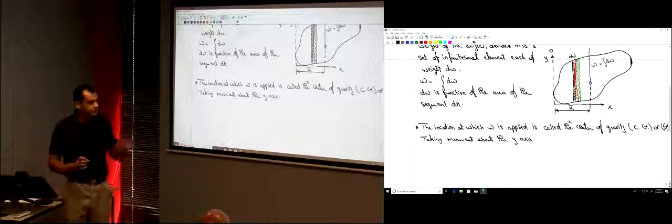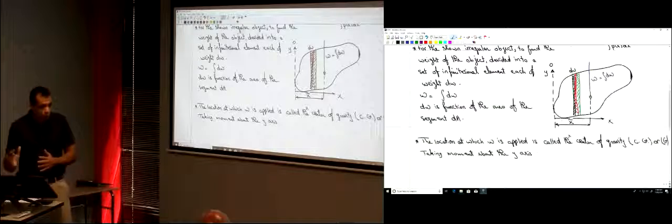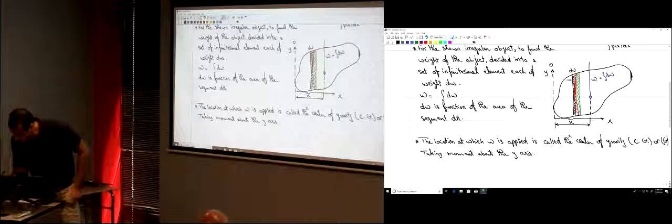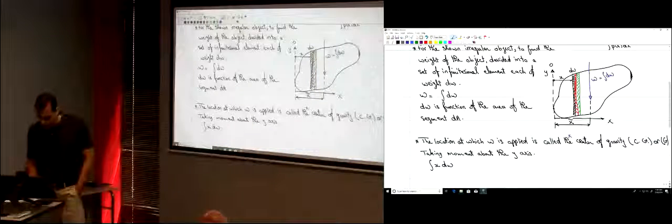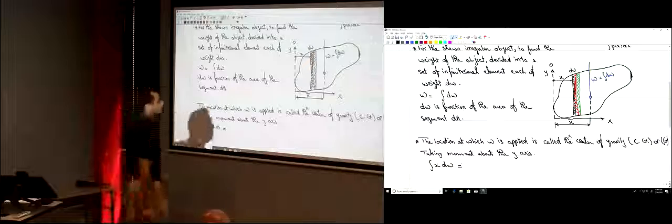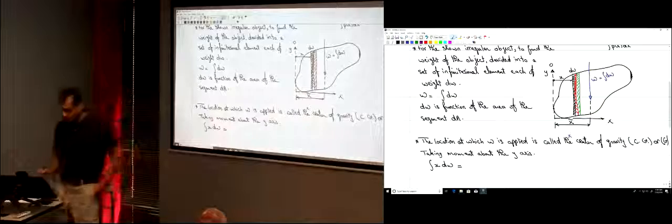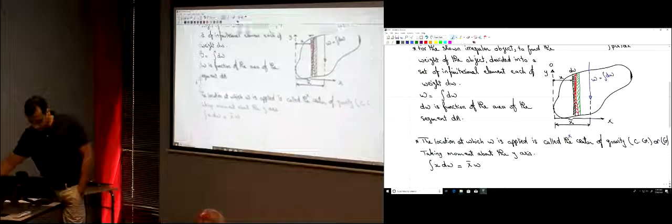Two equivalent systems, the small infinitesimal elements and the equivalent load, okay? What's the moment of each of those infinitesimal elements? It's this dw multiplied by its distance x, right? So it's x dw, and then you sum them up, right? This is equivalent to the moment of this force, which is W multiplied by x bar. So this is equal to x bar multiplied by W, right?